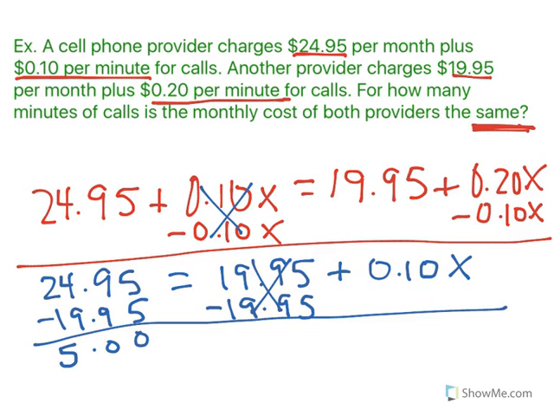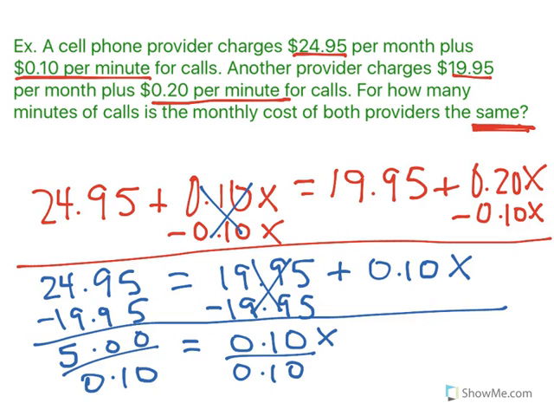So we're left with $5 on this side. And then we're going to bring down what I haven't used, which is 10 cents x. The opposite of multiplication is division, so we're going to divide both sides by 10 cents. So I'm left with x equals 50. So that means it's 50 minutes of calls that is going to be the same for both providers.